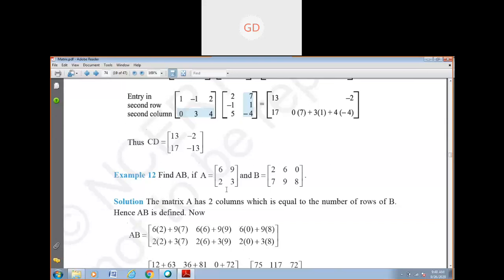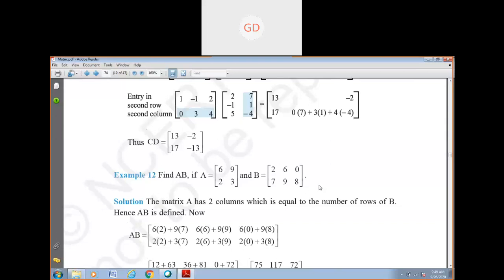So in another example, A is this 2 by 2 matrix and B is a 2 by 3 matrix. In the first matrix A, the number of columns is 2, and in the second matrix, the number of rows is 2. So the column number of the first is equal to the row number of the second. That means multiplication will exist.